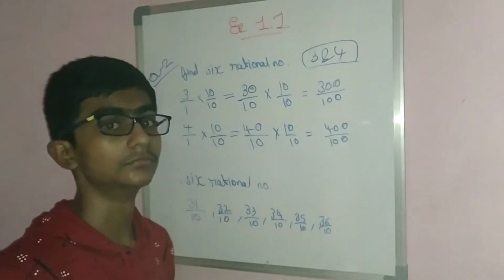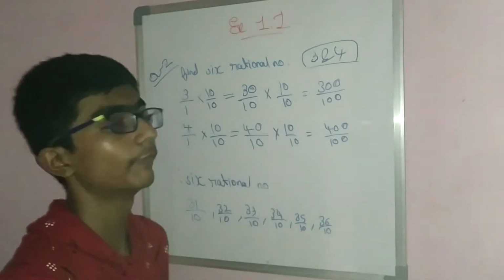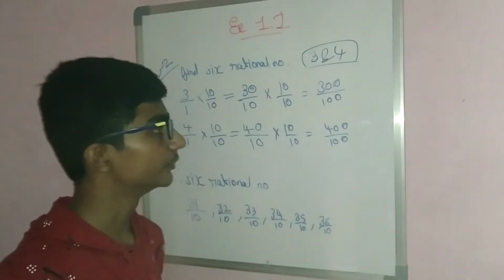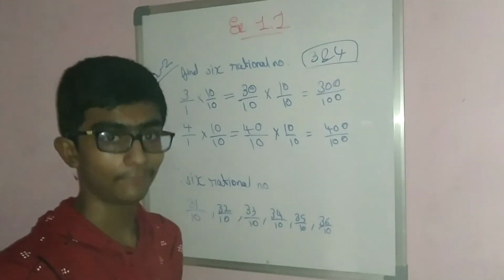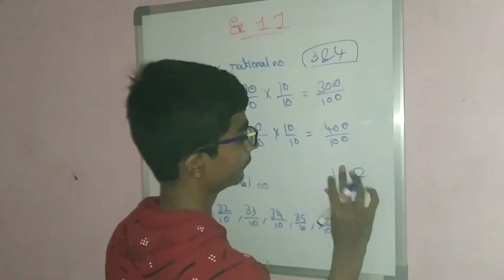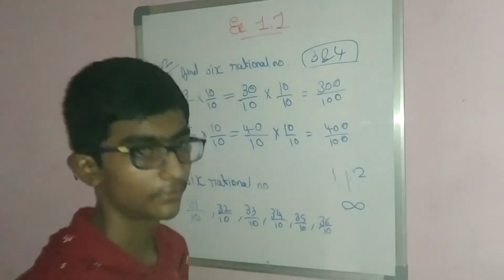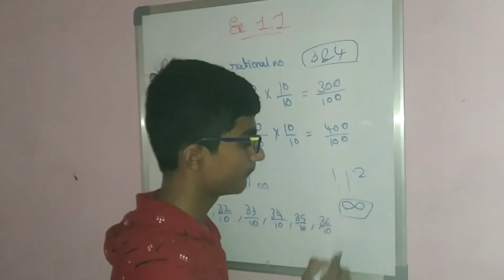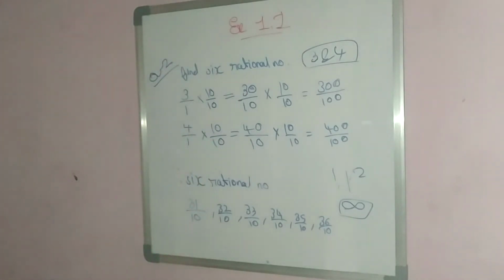Now you have 100 rational numbers between 3 and 4. Let me tell you one more thing. There are infinite numbers between 3 and 4. Means between any two numbers there are infinitely many numbers. This is the symbol of infinite. So now let's move on to third question.